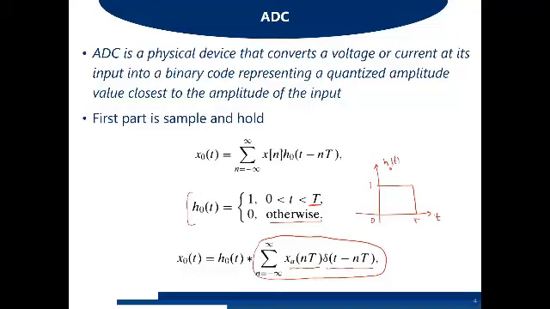So this is basically the LTI system which is responsible for holding the sample for a duration equal to the sampling period. If we convolve the sampled output with this h_0(t), then after applying the shifting property we end up at this equation: x_0(t) is the summation of x[n] h_0(t - nT).